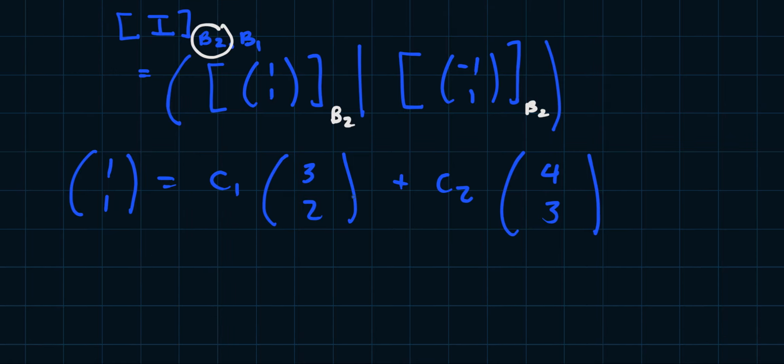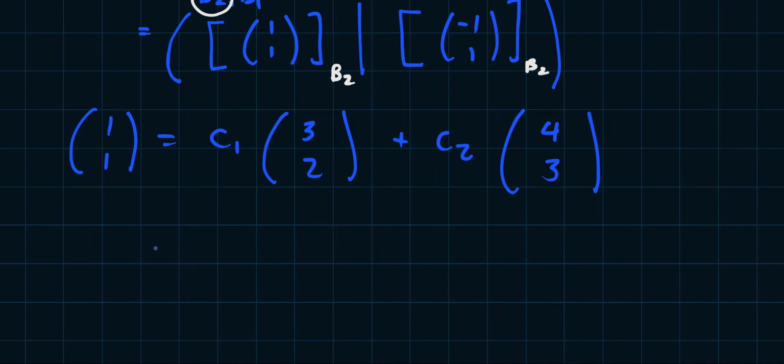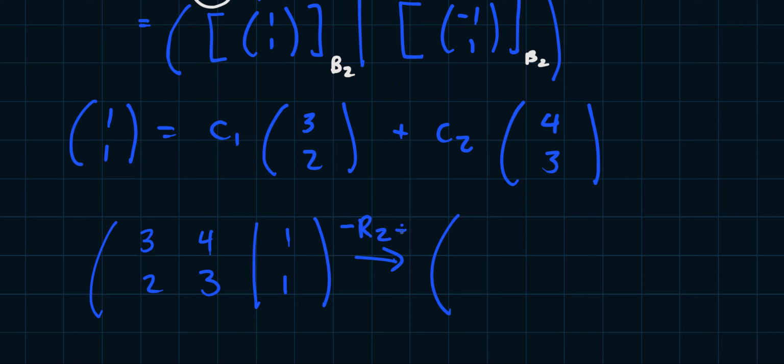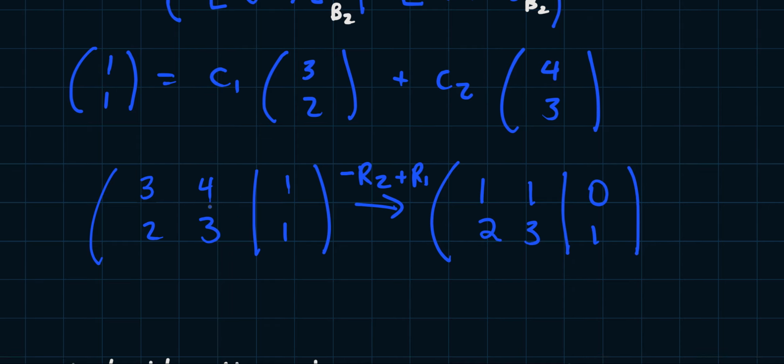All right, so how do I find the C1 and the C2? Well, let's put it in an augmented matrix. This is 3, 2, 4, 3, 1, 1. Put this in reduced row echelon form. Well, I can subtract row 2 from row 1, and I get 1, 1, 0. 2, 3, 1.